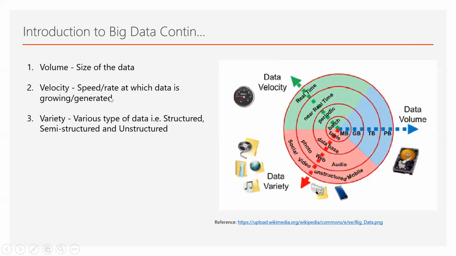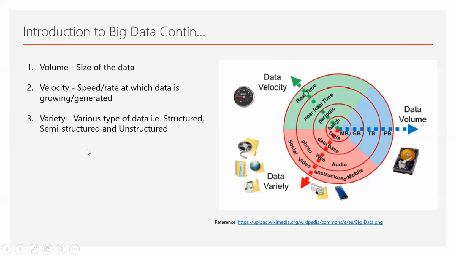And we also call data which is getting generated in a very short span of time, in milliseconds or seconds, and generates a huge amount of data in that particular duration or window, big data.